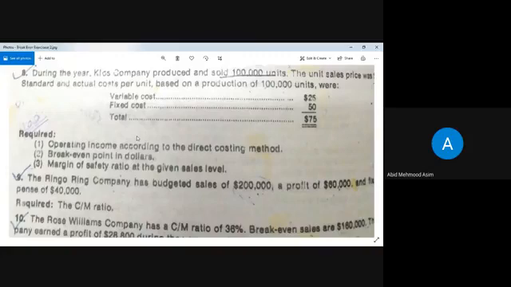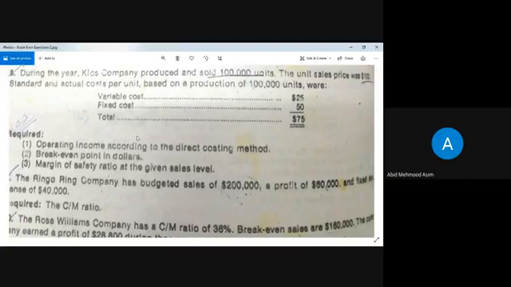Exercise number 8. During the year, K company produced and sold 1 lakh units. The unit sale price was $100. Standard and actual cost per unit based on the production of 1 lakh units were given. Now all the data presented below is based on this 1 lakh units. These 1 lakh units are the actual production.